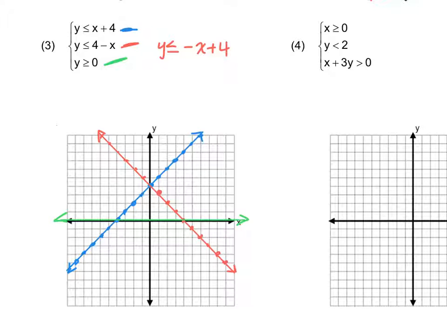below x plus 4, so below the blue, also below the red, but above the green, so in the middle. All right. Just be careful with questions like this, because I've had people walk out of this lesson thinking, okay, if it forms a geometric figure, like a triangle or a square, just shade it in.